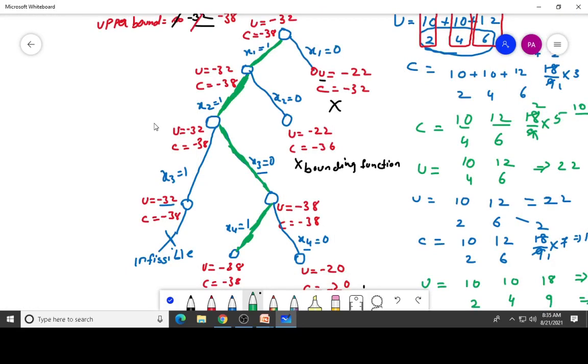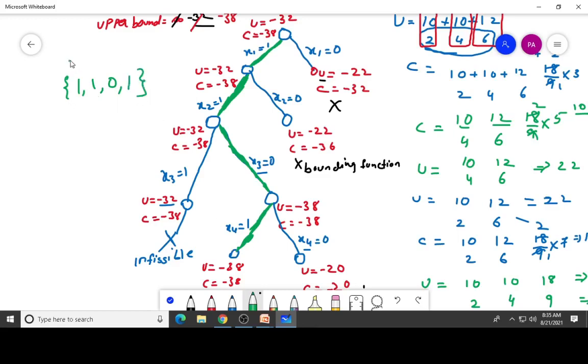Here you can write in brackets: 1 means I am adding the first item and the second item also, but I am not adding the third item, so write 0, and I am adding the fourth item.